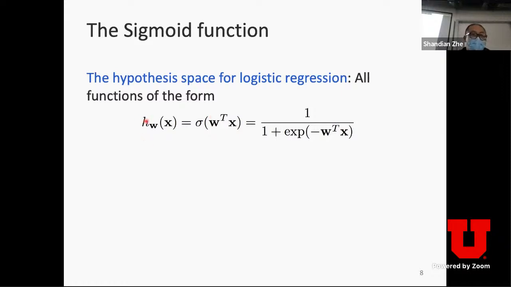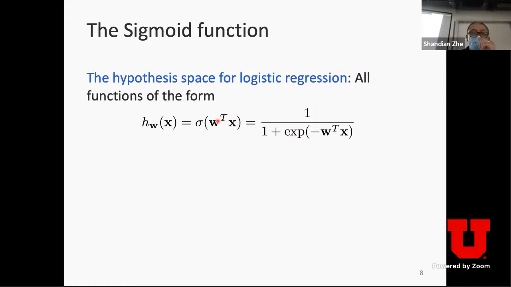So we define our hypothesis for logistic regression as a sigmoid function, and the input of the sigmoid is a linear function. So it's still kind of a linear model, because we first do some linear regression, and then we throw this regression result into the sigmoid to get our final output.